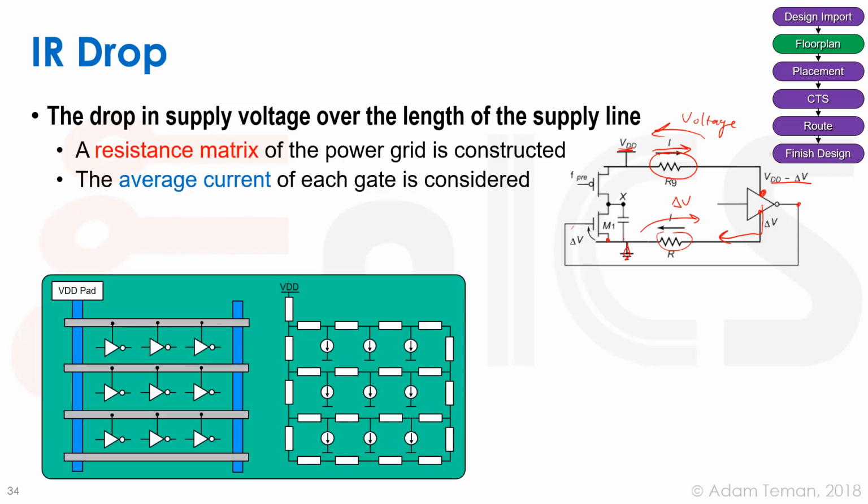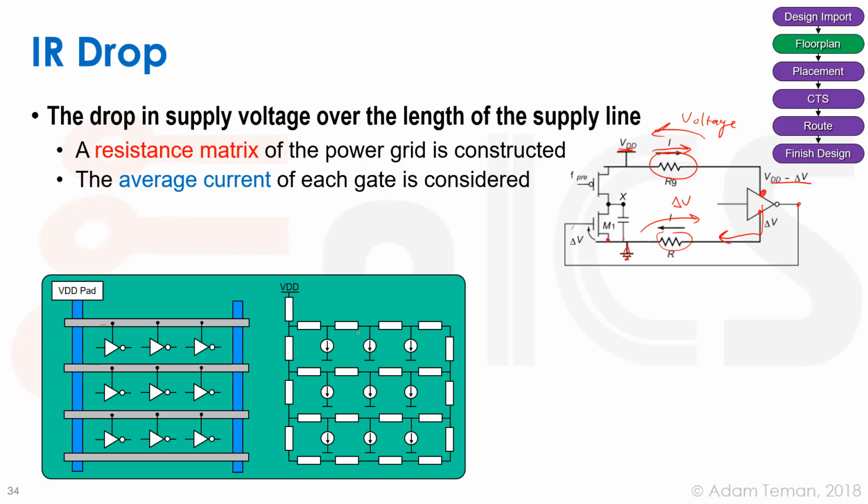Well, what we'll usually do is draw up our whole layout of our power grid, of how the power actually gets to each and every gate, and we make some sort of a matrix of the resistances or conductances and the current sources, which are the gates themselves.